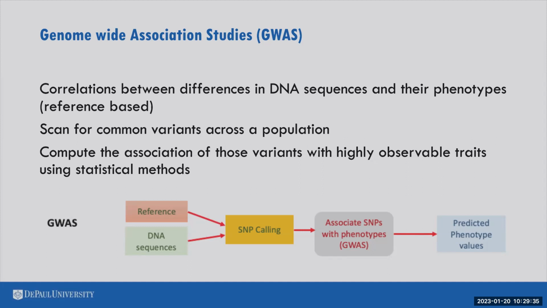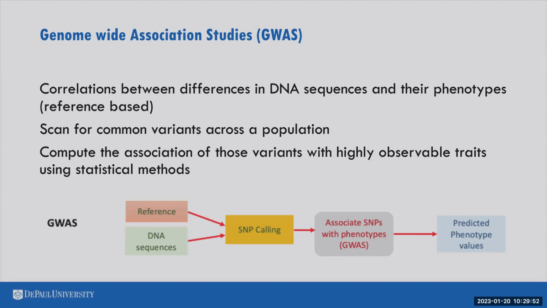So you start with your DNA sequences. This could be 50 or 100 lines or strains that you're interested in, and you sequence them. Then you have a reference, and you align to the reference, and you identify the SNPs.